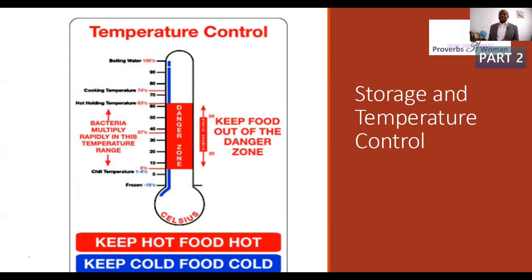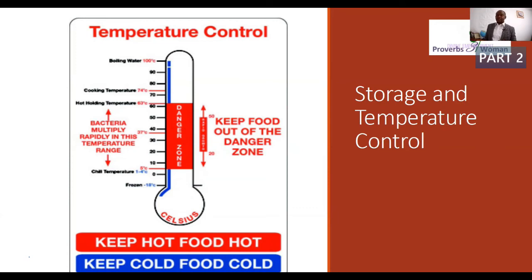So I said before, the temperature in your freezer is minus 18 degrees Celsius. Minus 18 degrees Celsius. That's the temperature of your freezer. And when it's going up to 1.4 degrees Celsius, that we call the chill temperature. Chill temperature.